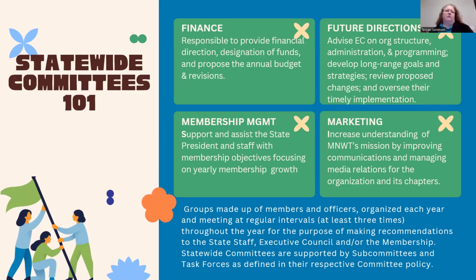So it's not something that's defined in our policies. It's not something that we expect to be there long term. Sometimes we have a task force that turns into a subcommittee. We just had that with one of our Future Directions task forces around programming. It went from a task force to a subcommittee, but that's basically how we're organized.